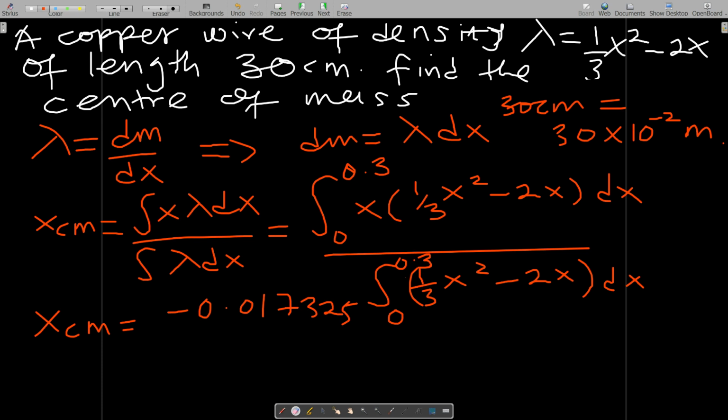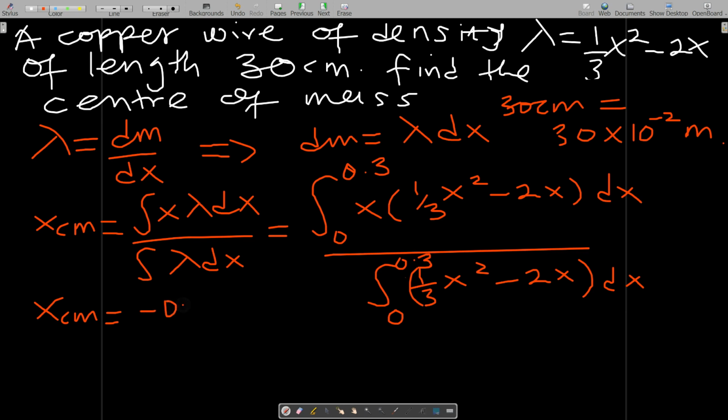Let me erase it and write it well for you. So xcm is equal to the top numerator, which is giving me negative 0.017 to 3 decimal places, provided I've punched everything correctly.